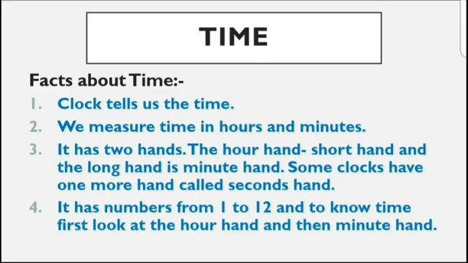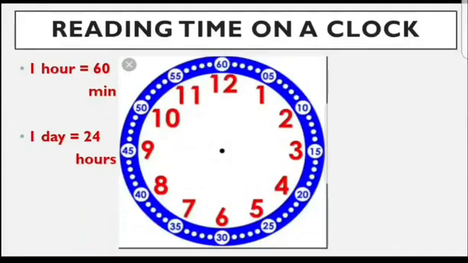Okay, and children, in some clocks, one more hand is there, which is called seconds hand, but in most of the clocks there are only two hands. So to read time, first you have to look at the hour hand and then you have to look at the minute hand.